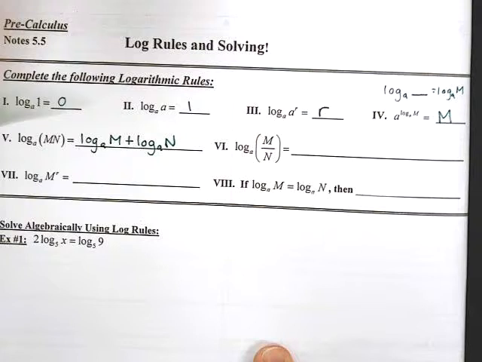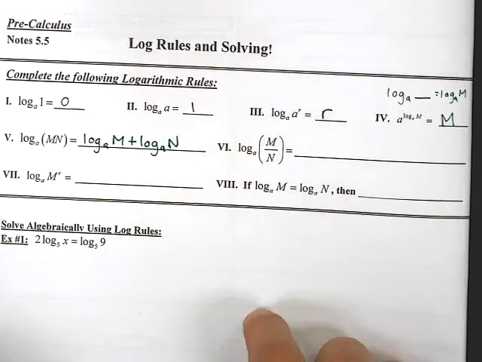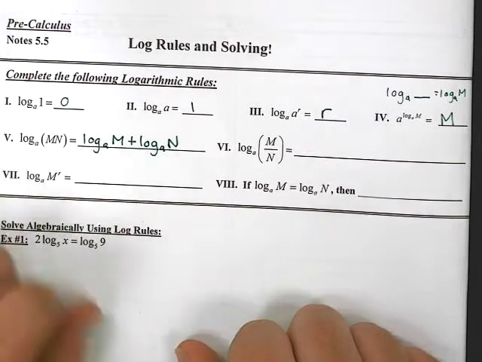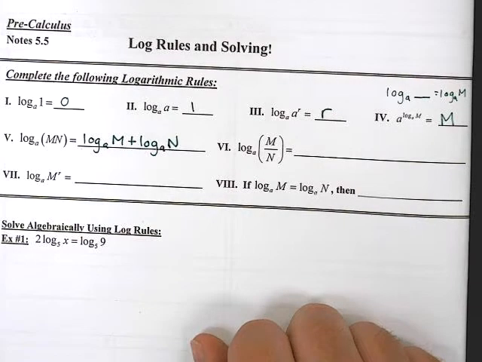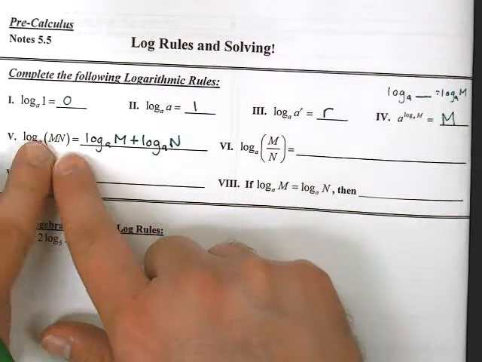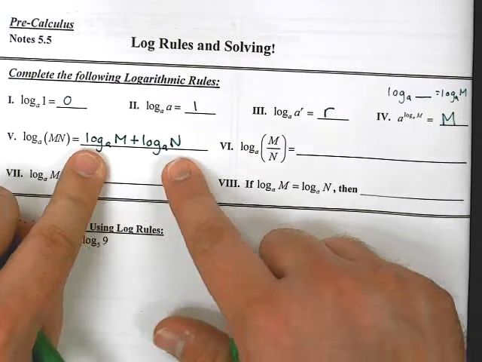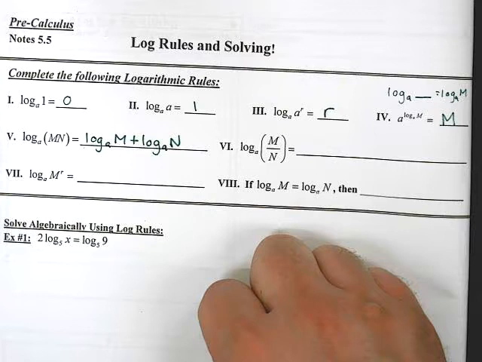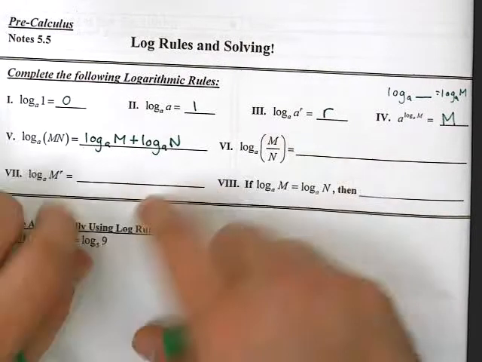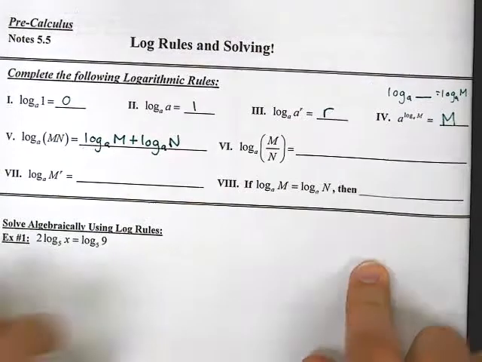It's kind of the opposite of exponents. Together, these are multiplied, which means they split using addition. Exponents are completely opposite. When they're apart, they're multiplied, and so when you put them together, you have to add.